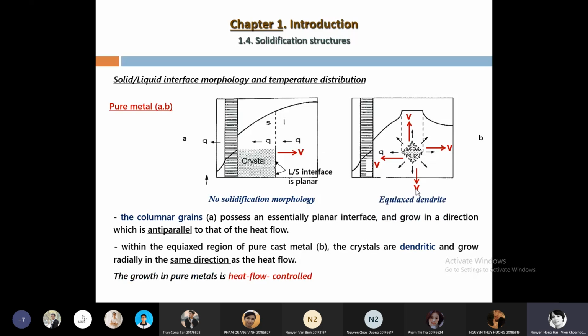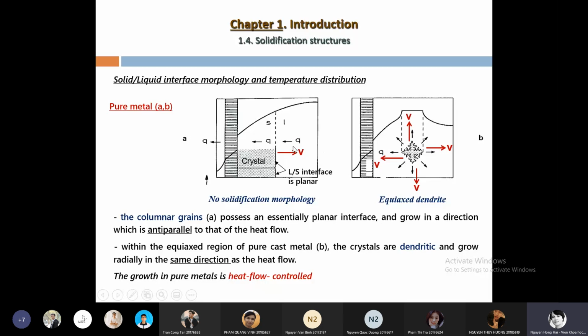And here we have the aqueous and dry. And in the growing of the metal in the pure metal, it's controlled by the heat flow. There is nothing other, only heat. Heat is extracted from the casting to the environment. Only heat.